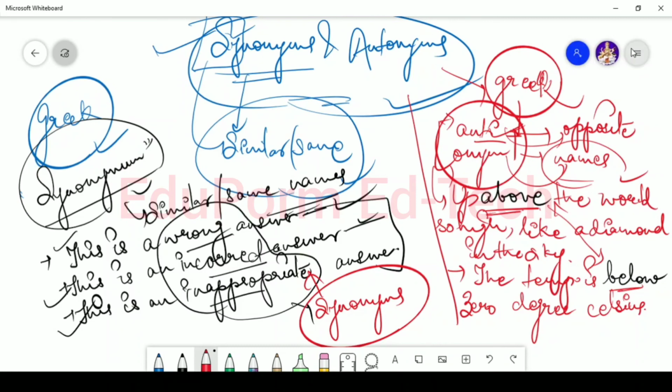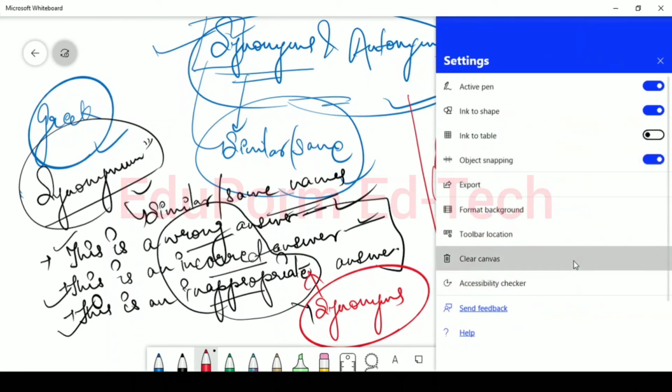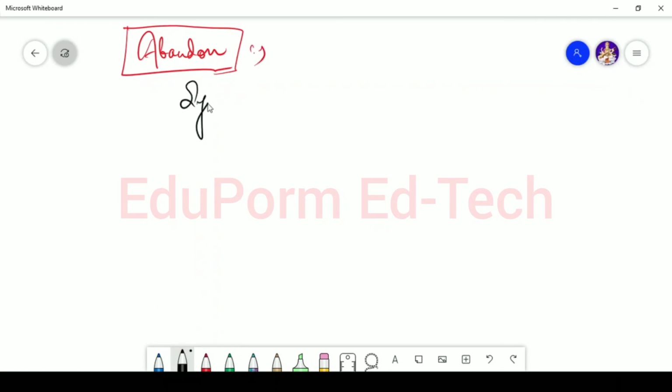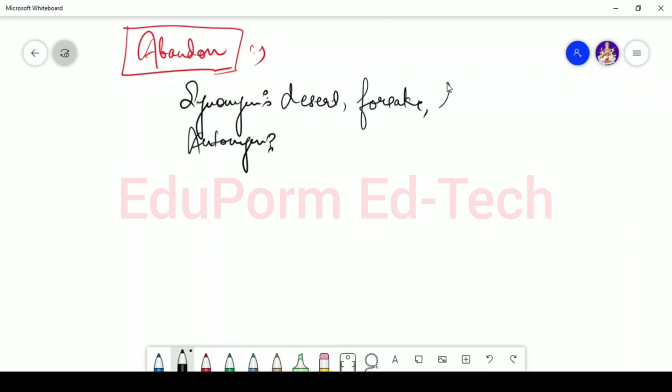Now we are going to talk about some examples. Like if I say abandon, I will give the synonym and antonym of this word, and this is how you'll have to remember the synonym and antonym of each word. What are the synonyms of abandon? The synonyms are desert, forsake, leave, or disown.